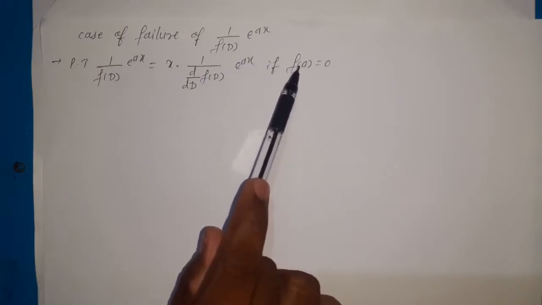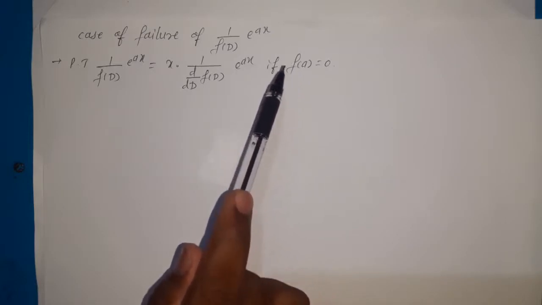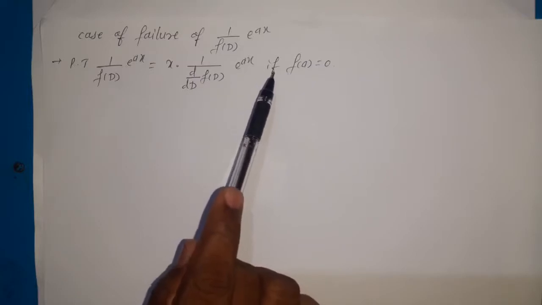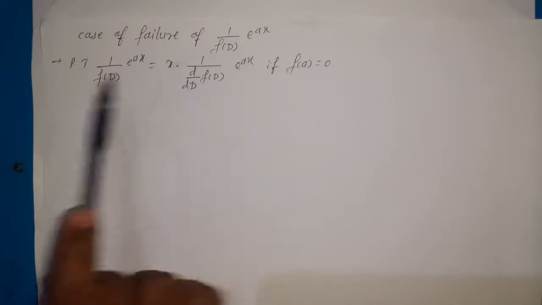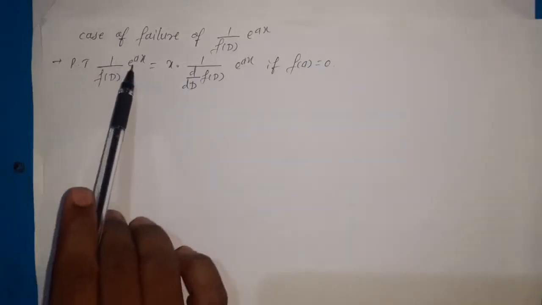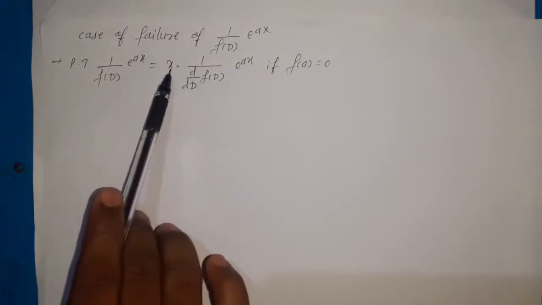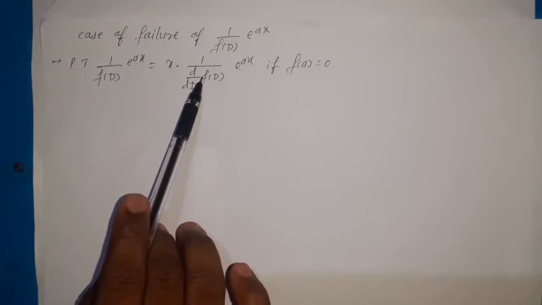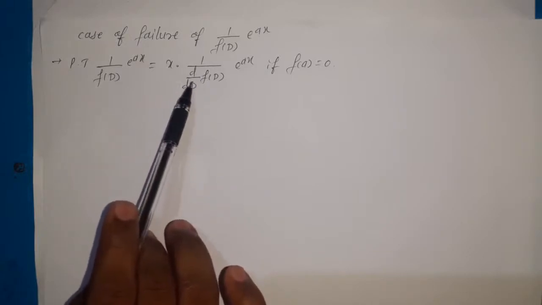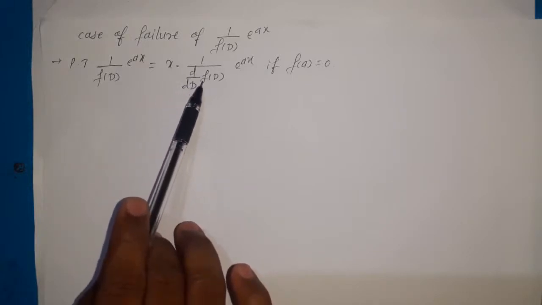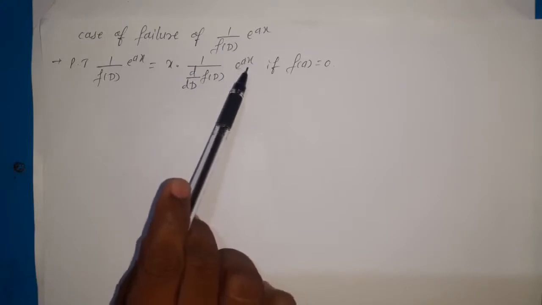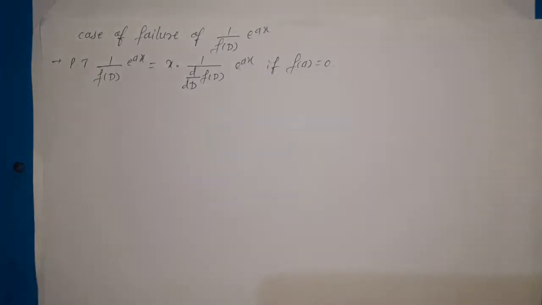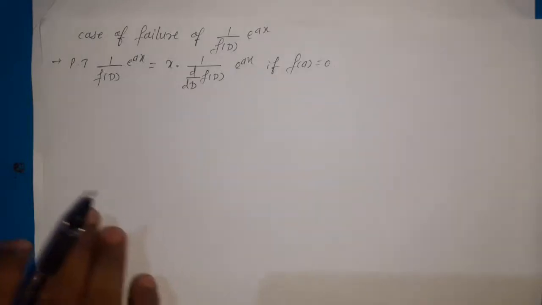This is important. If f of D is 0 for D equal to a, then 1 by f of D into e power ax equals x into 1 divided by f dash of D into e power ax, if f of a is equal to 0. So let us prove this one.